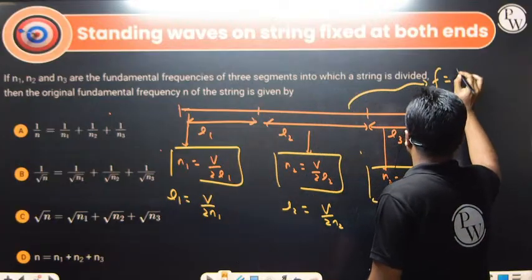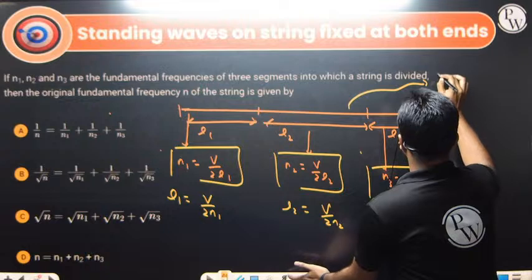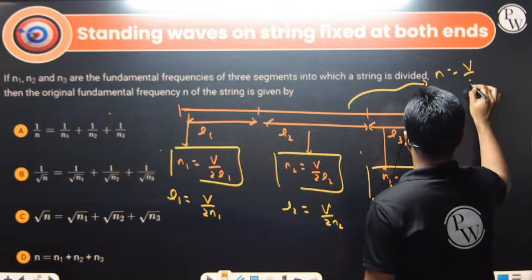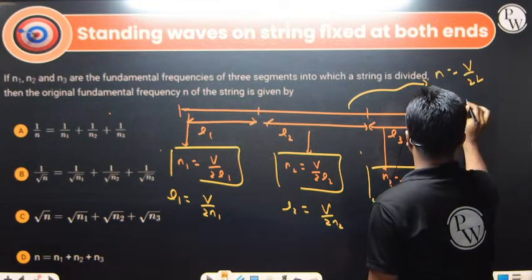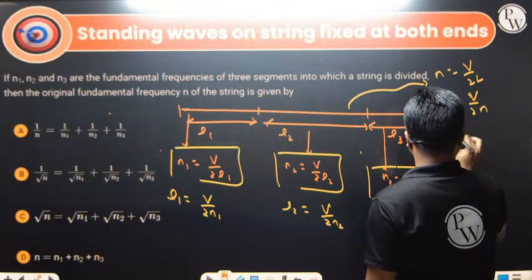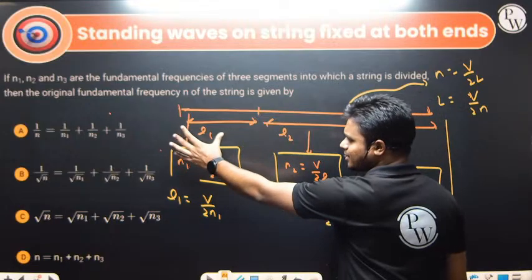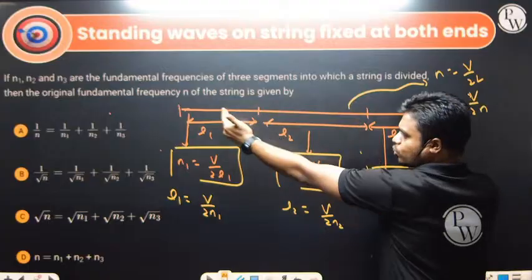Okay. And if I talk about this complete string, what will be the fundamental frequency for this? The fundamental frequency N will be given by V by 2L. What is L from here? V by 2N. So just normal addition, L1 plus L2 plus L3 will be the total length L, right?